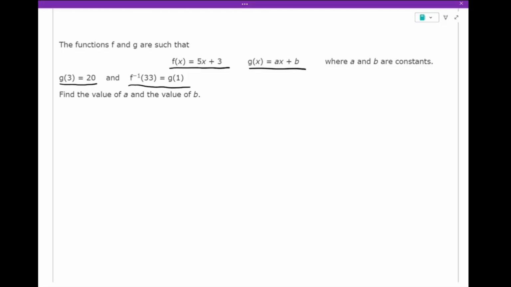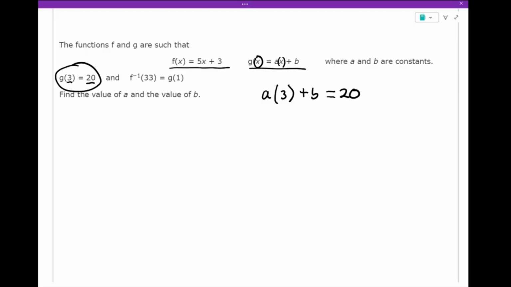Now to do that, we're going to have to form equations using these two bits of information. So let's start with g of 3 is equal to 20. This means that when I substitute 3 in for x in g of x, the result should be 20. So let's go to the right-hand side of g of x. Again, I'm going to replace the x there with a 3. So I would get a multiplied by 3 plus b, and that should be equal to this 20 here.